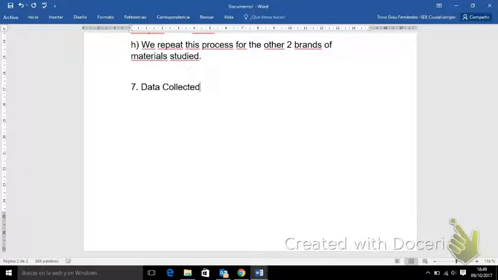So here we have two different types of data. We have the quantitative data. Quantitative data is the data that you collected measuring the volume absorbed. So here what you need to include is a table.